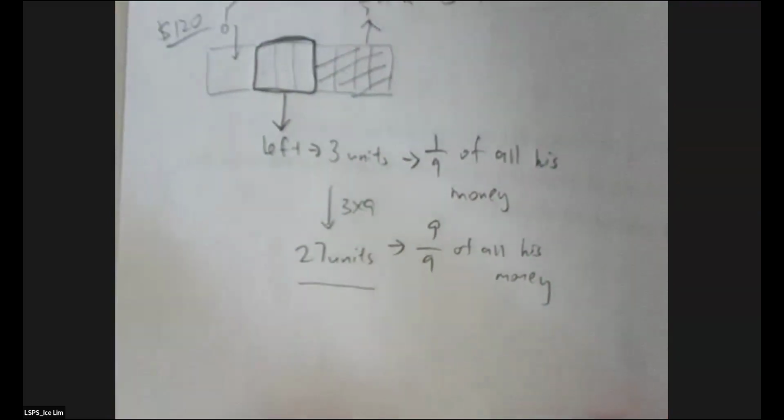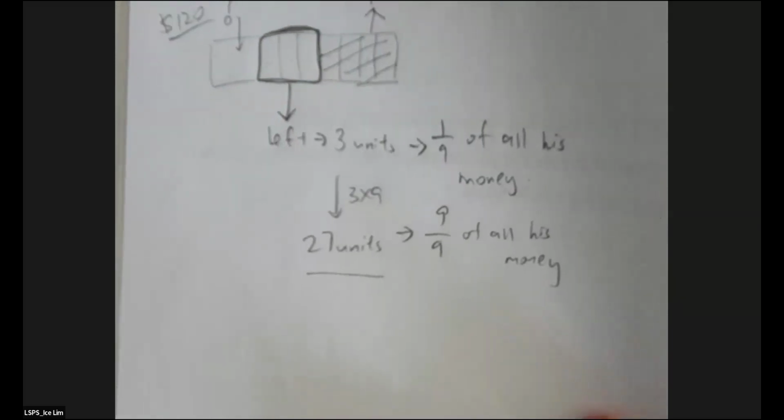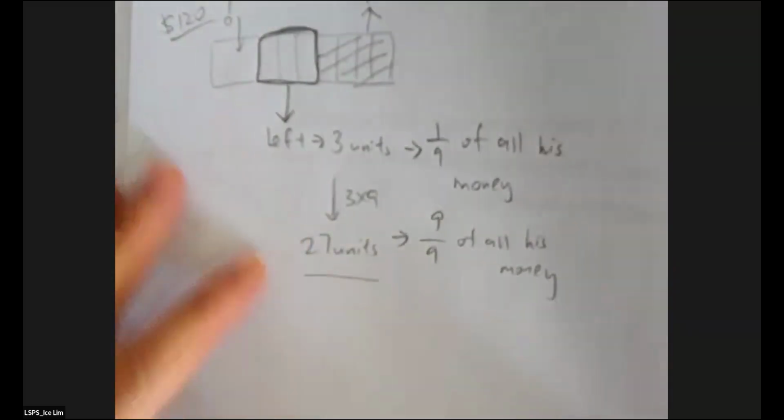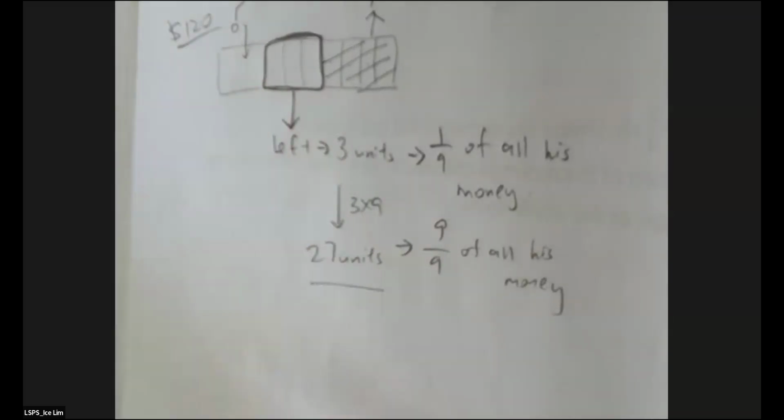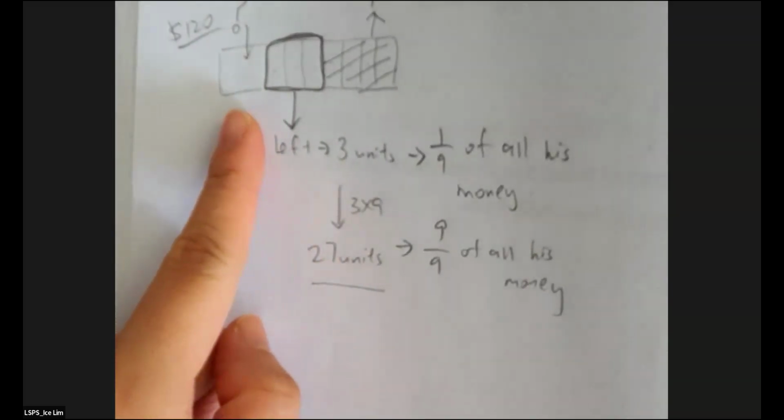So maybe I have to find ways to work back. So let's say I'm stuck. I don't know how to continue from here. I cannot think of how to put 120 back into this story. Then I try with the formula, see how.